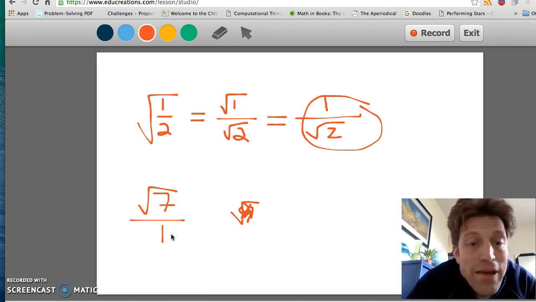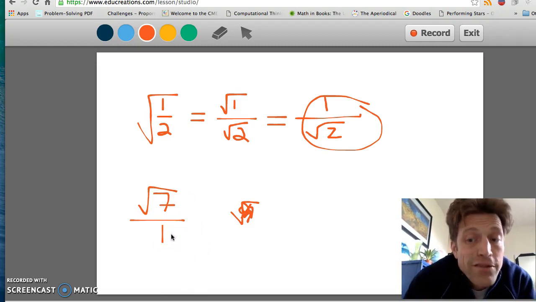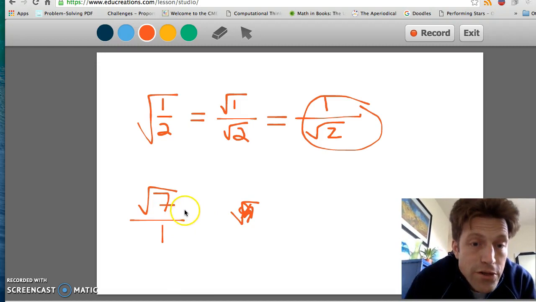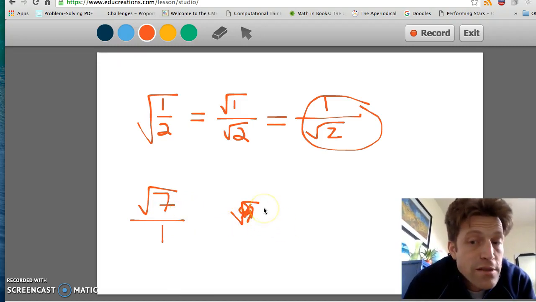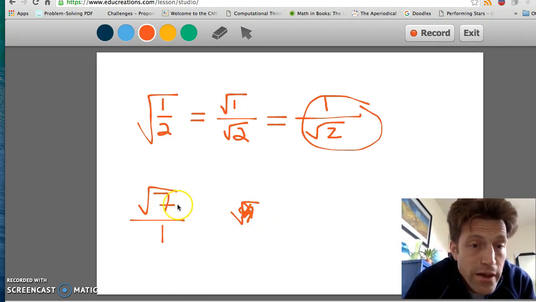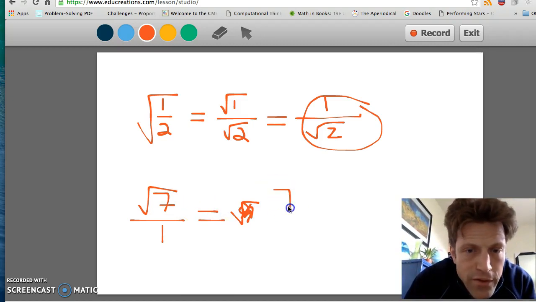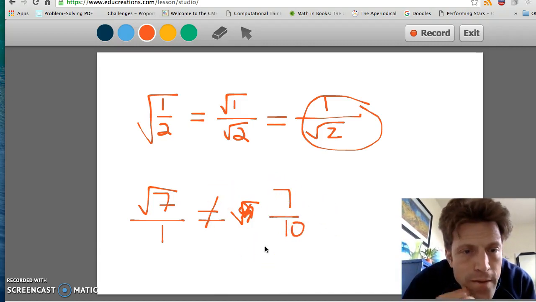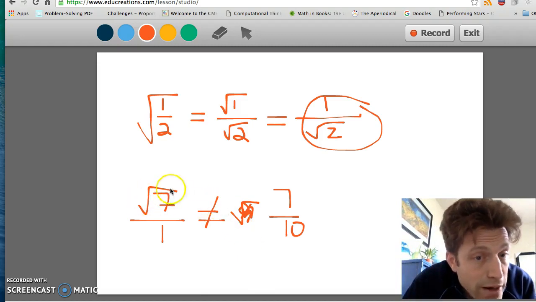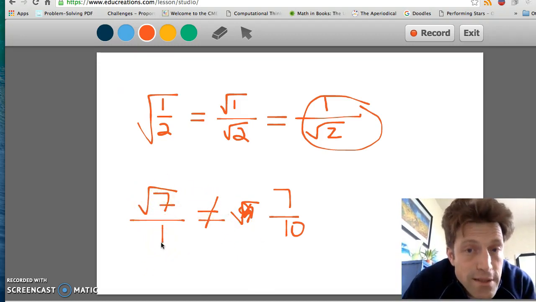I can't make them both rational because it's an irrational number. And an irrational number cannot be expressed as a fraction of two numbers. Like, this does not equal 7 over 10 or 6 over 9 or anything like that. If it's an irrational number, there's got to be a radical in the numerator or the denominator. So just to be consistent, we decide let's always have the radical in the numerator and not the denominator.